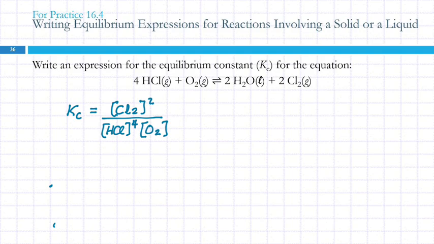Since it's three gases, do we choose Kp? You could use Kp, but they said do Kc. Why is the water not included as well? Because it's a pure liquid and its concentration doesn't change.